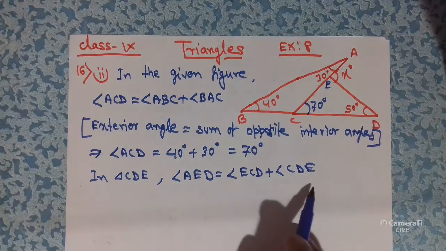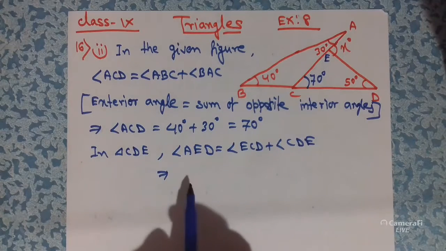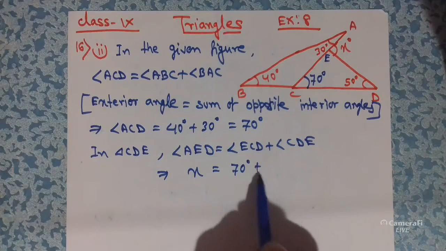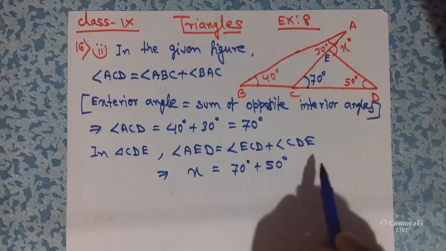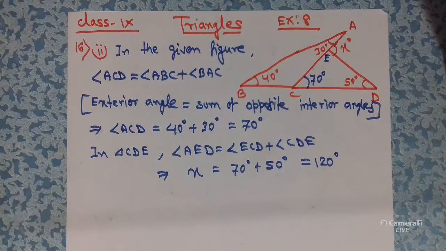So the exterior angle is equal to the sum of the opposite interior angles. So angle AED is x, ECD is 70 degrees and CDE is 50 degrees. So the value of x is 120 degrees. Understood students?